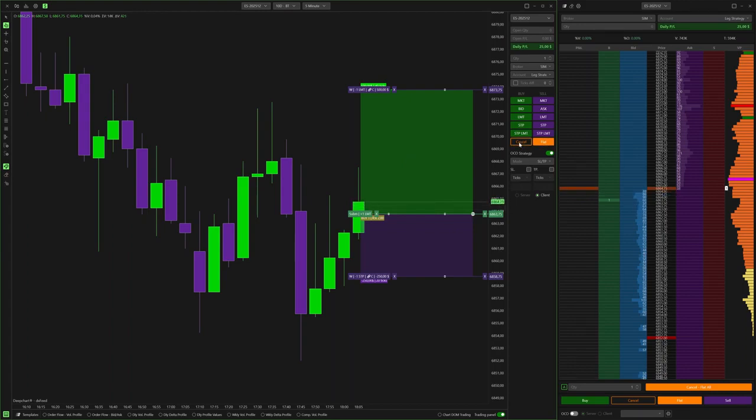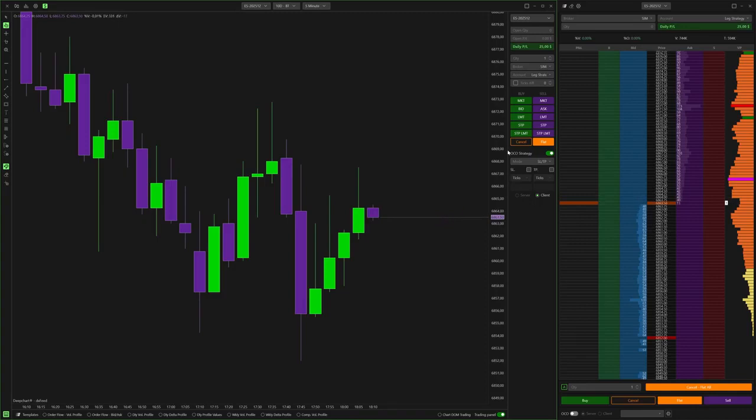And by clicking cancel, you can simply cancel every order that you put in the book. And again, that's buying market. Buying limit would be placing a buy limit here, or selling limit would be placing a sell limit above current price.